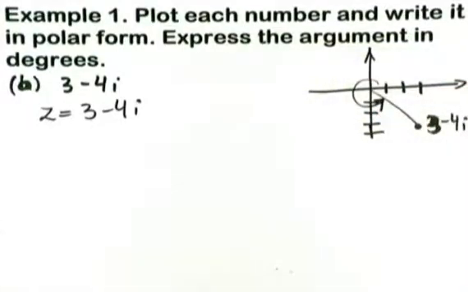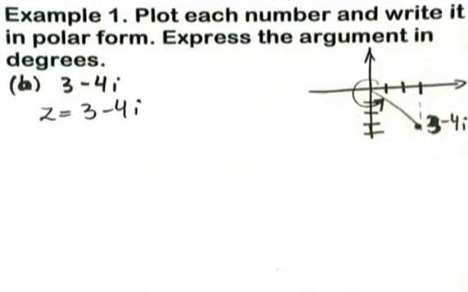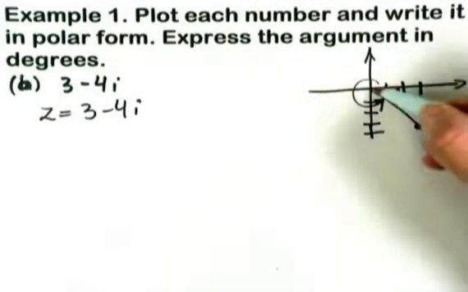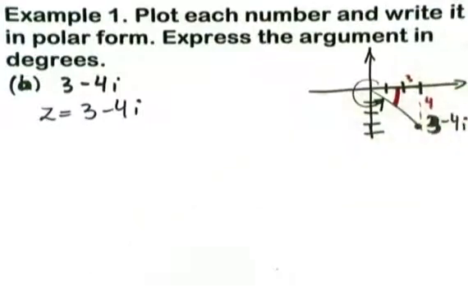This is the angle, always a positive angle to express in polar form. We can find the reference angle if we make the right triangle, that reference angle right here. So we can use that this distance is 3. We can treat this distance as 4. Distance is always positive.